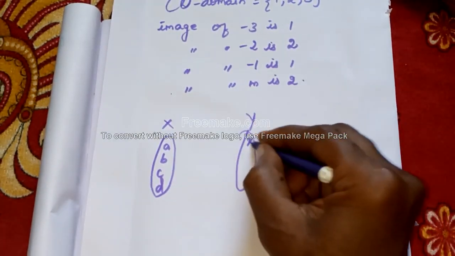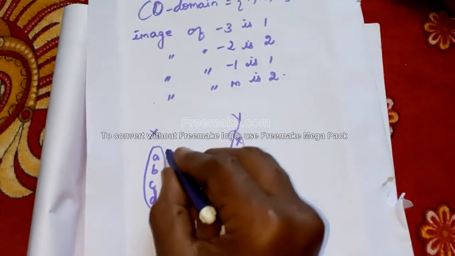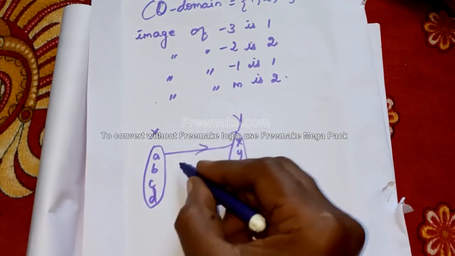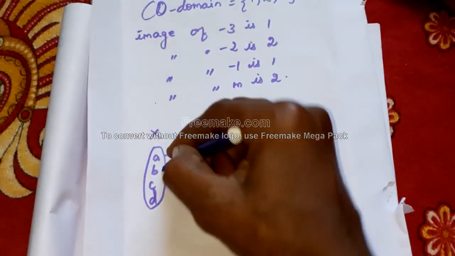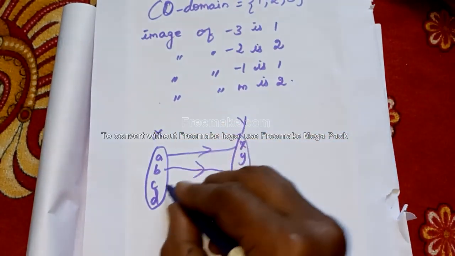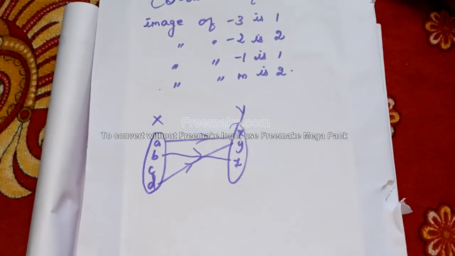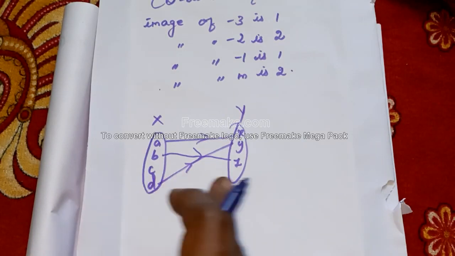One of the relation is (a, x), (b, z), (d, y). Okay. Another example. Here it is not a function.